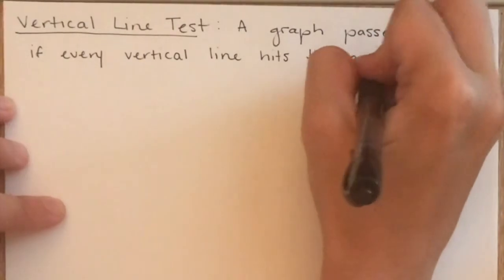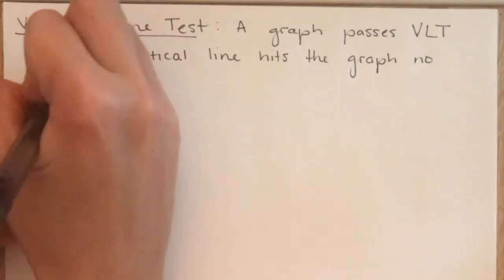We'll abbreviate that VLT pretty frequently. If every vertical line hits the graph no more than once.